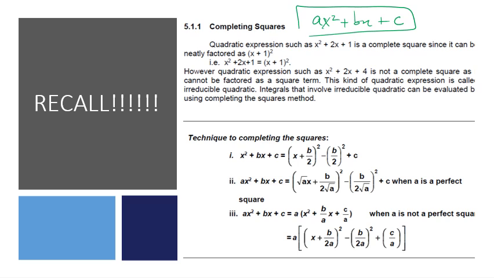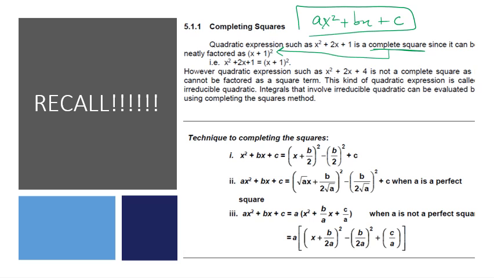Okay, so macam mana nak buat adalah kita akan guna completing the square. For example, if the equation is a complete square, we can easily factorize using a calculator, right?